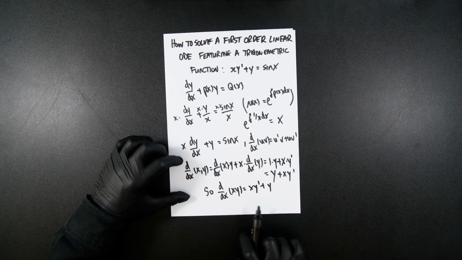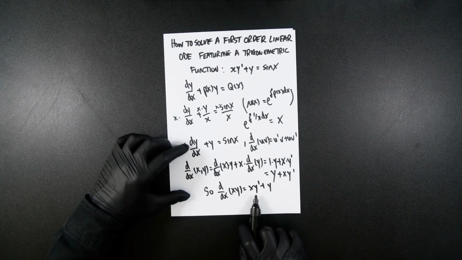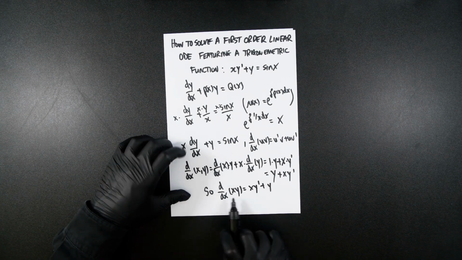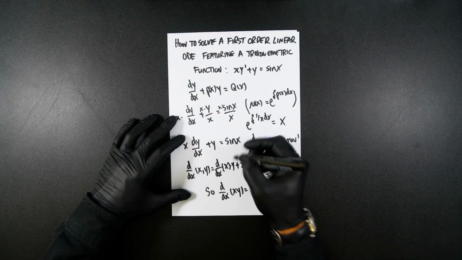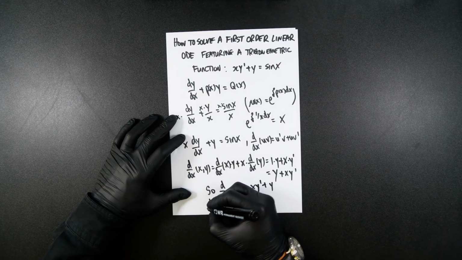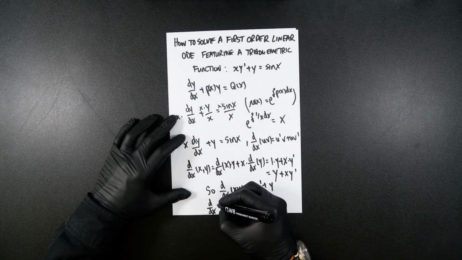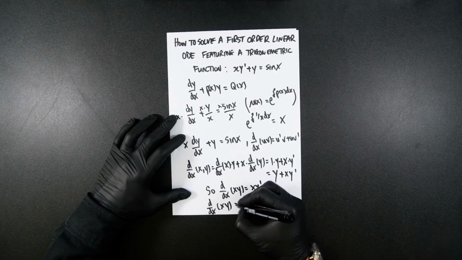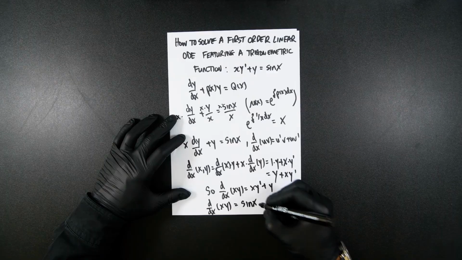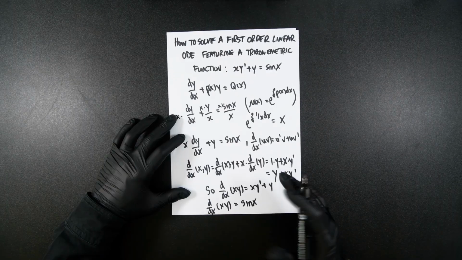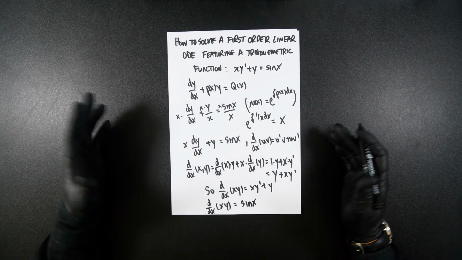So therefore, xy' plus y would just be d/dx of xy. So now this left-hand side becomes d/dx of xy, which equals, what's the right-hand side? Here, sin x.